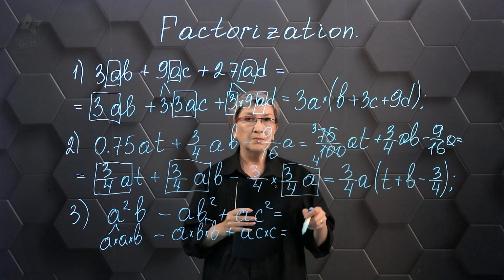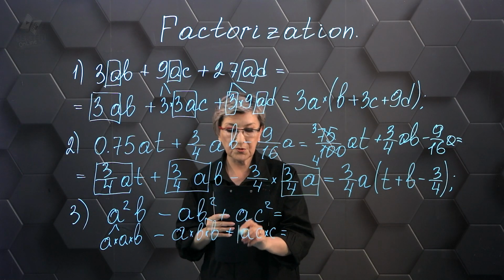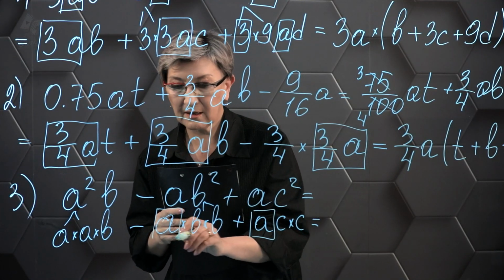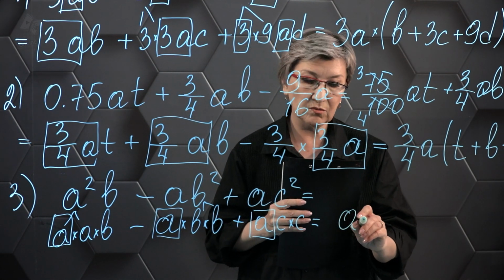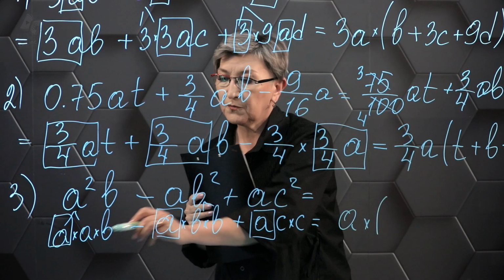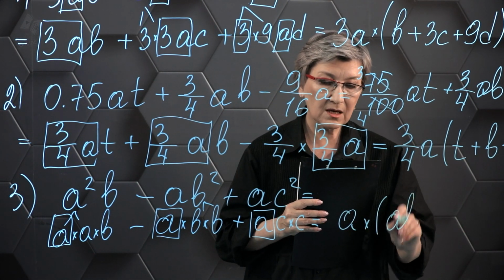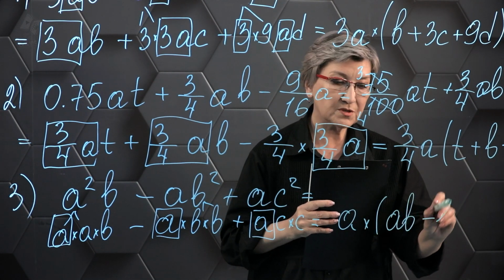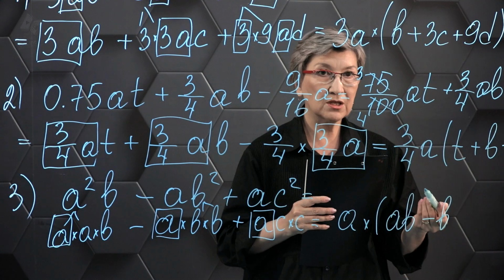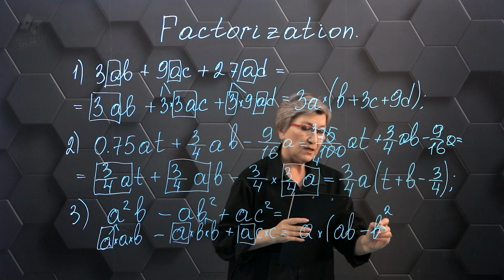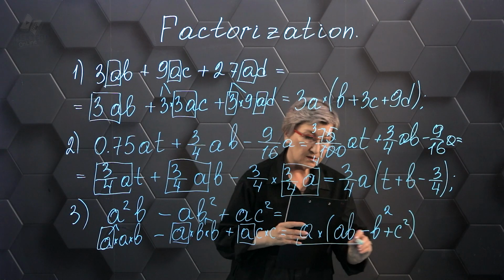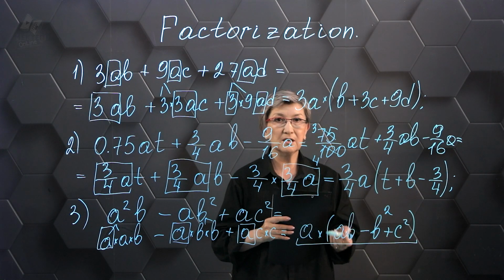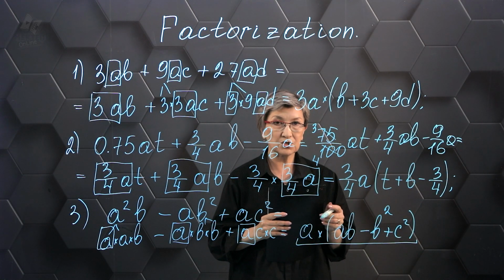Therefore, we take out the common multiplier and the common multiplier is a. And then we end up with a multiplied. That leaves ab in the first summand, minus in the second summand b times b, which is b squared, and plus c squared.